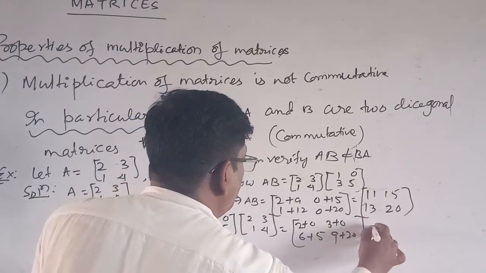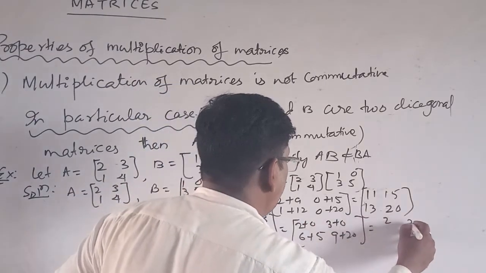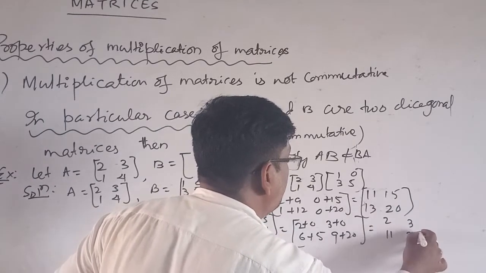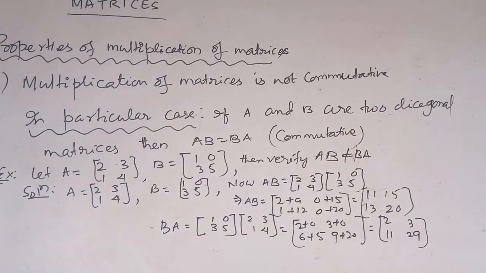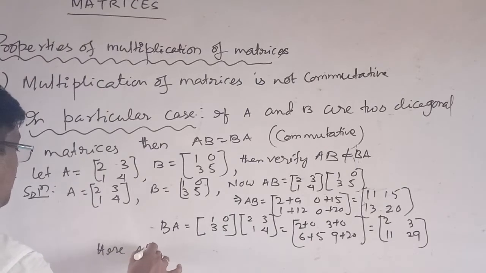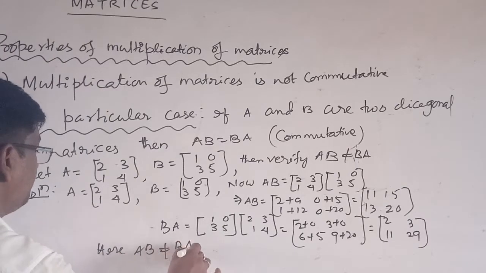This is equal to [2, 3; 11, 29]. Here AB not equal to BA.